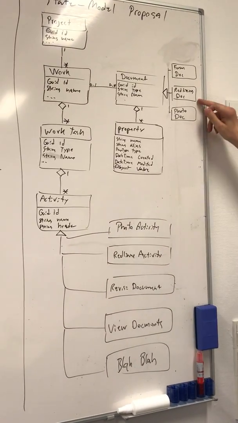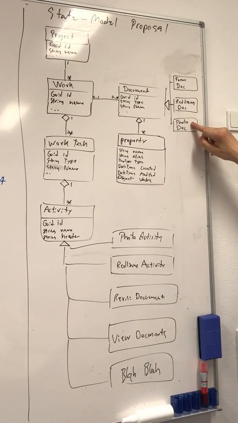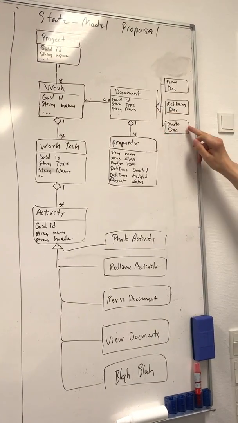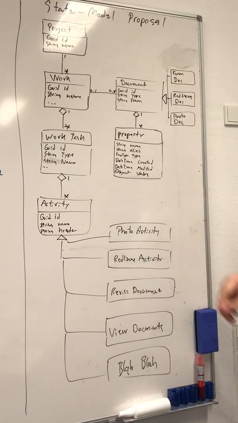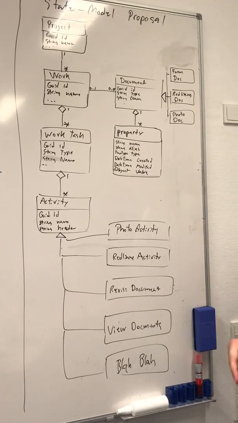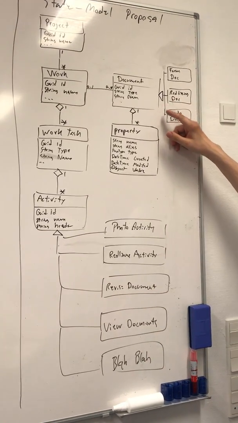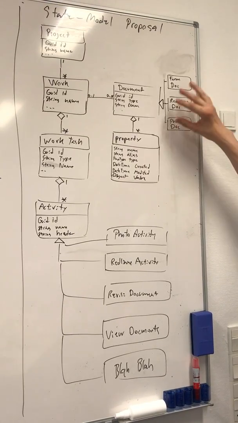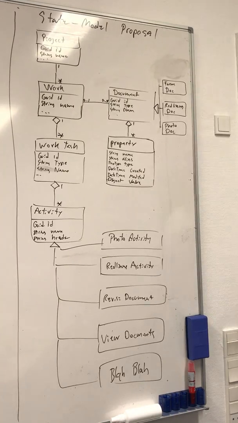And also, I like to think of a photo as a kind of document, because for the photo we might also like to put in some properties, like who took the photo and maybe some comment. So I like the idea that these are specializations of the document class.